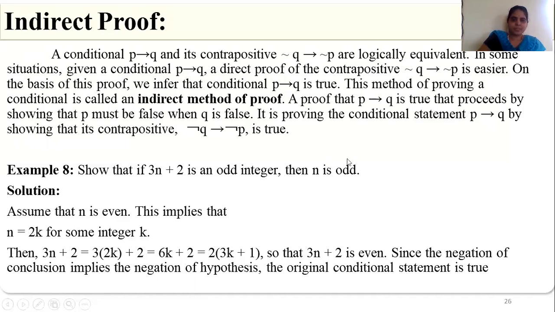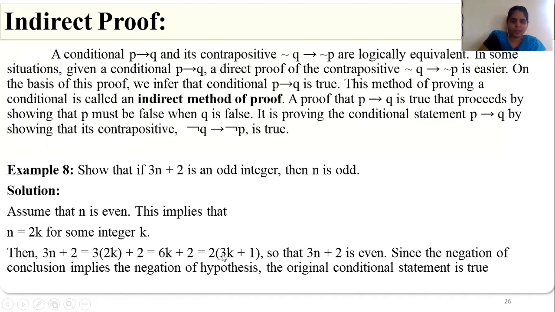Assume the contrapositive. We have to consider that n is an even number. Then n is equal to 2k for some integer, according to the definition of even numbers. Then 3n plus 2 is equal to 3 times 2k plus 2, which is 6k plus 2.